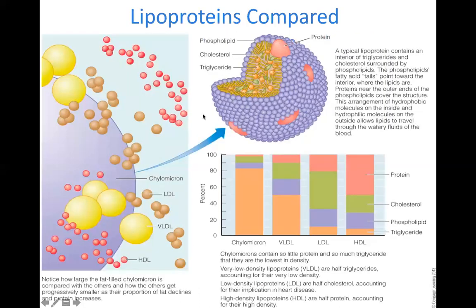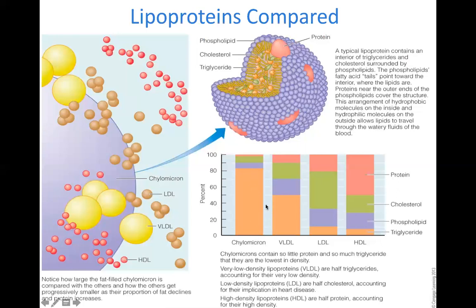This diagram is comparing different types of lipoprotein. The largest purple molecule on the left is a chylomicron, which is the largest of the lipoproteins. And this chart on the right side of the screen represents what the components are of each lipoprotein.